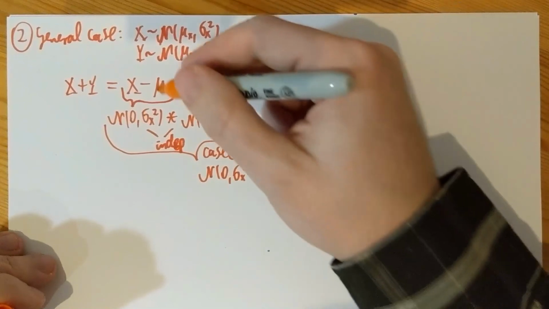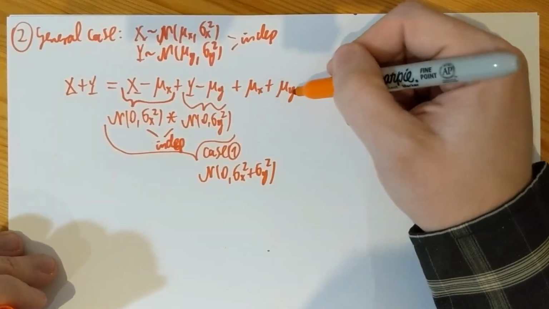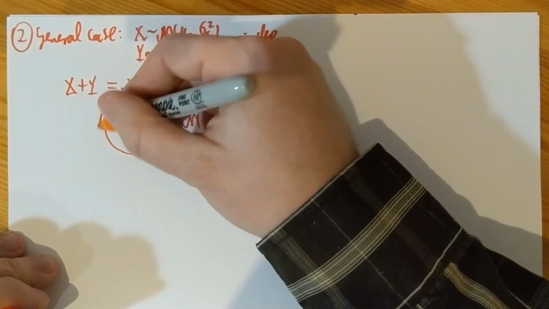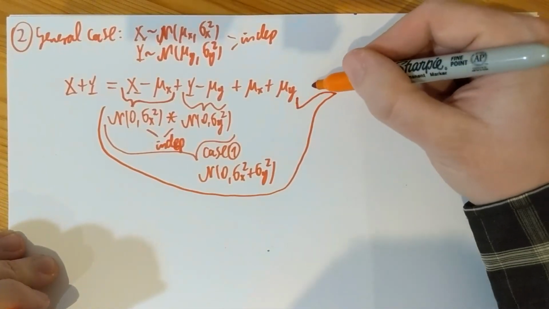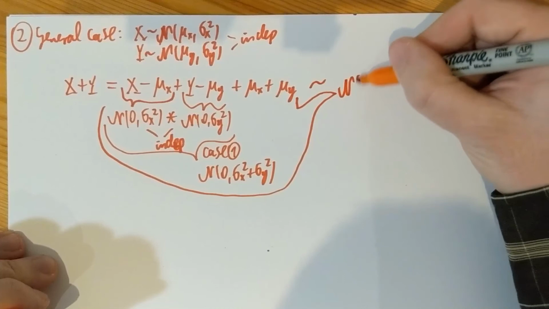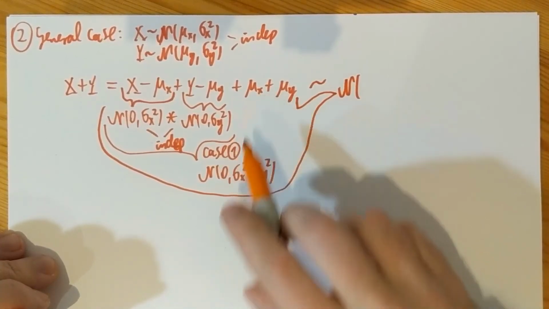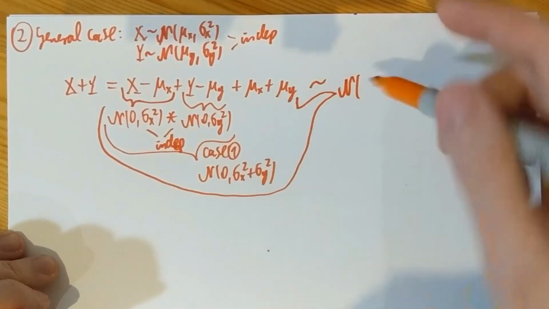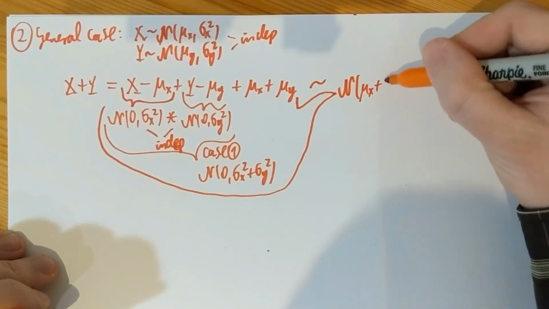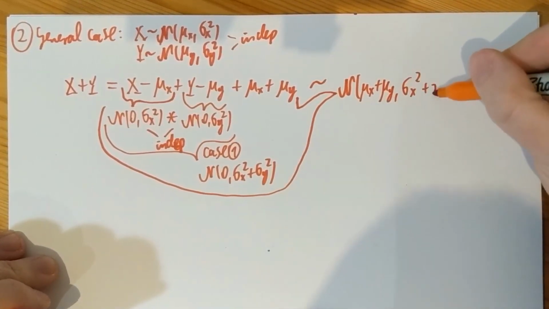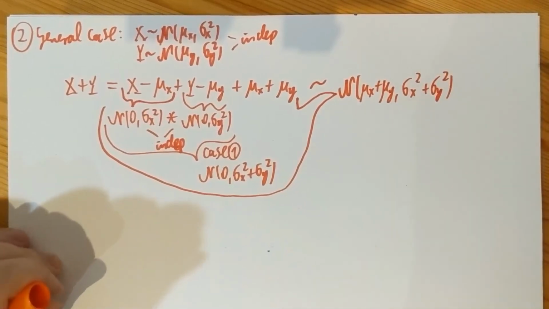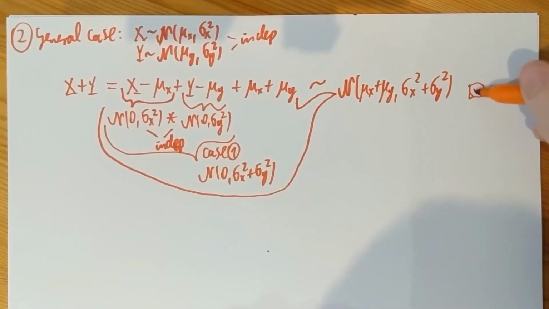And now if I add a constant, namely mu x plus mu y, to my normal, this whole thing together will now have the distribution of a normal increased from 0 to mu x plus mu y, and the variance kept at sigma x square plus sigma y square. And that's the end of the proof, because that's exactly what I claimed here.